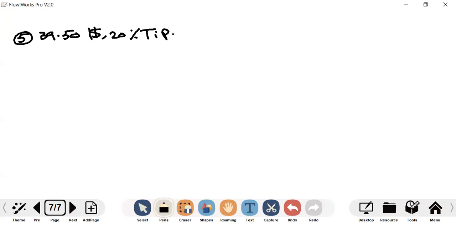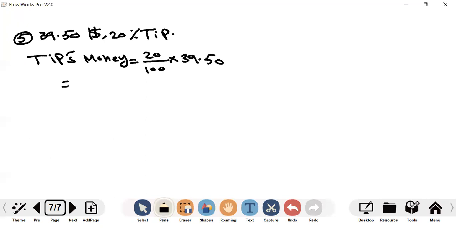Yeah, let's find the total cost. First, we find what, ya Abdullah? The tip money. Equal 20 over 100 multiply 39.50. This is equal to $7.9.